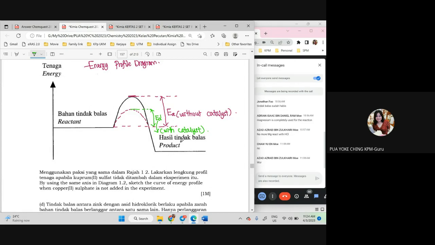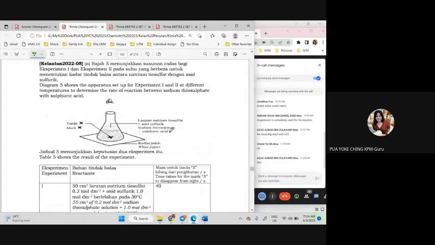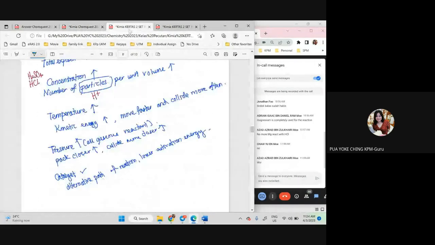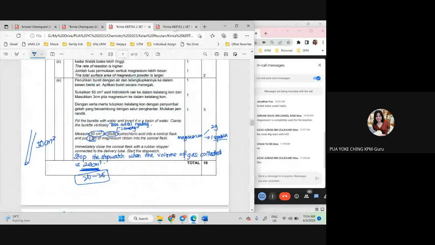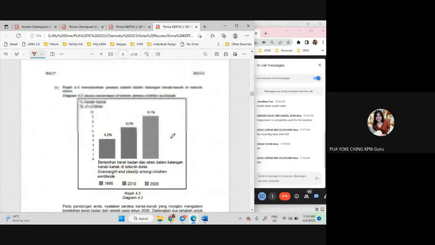Next chapter is alloy, glass, ceramic, composite material. Okay, next chapter. Next chapter is question number 2 in this set.